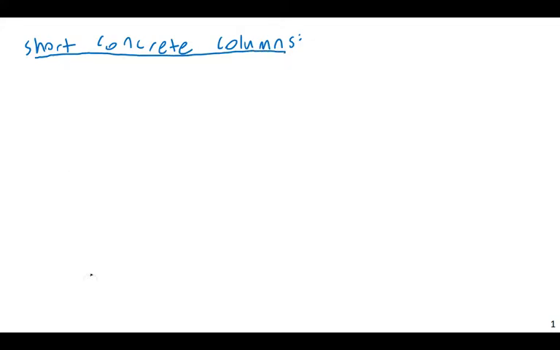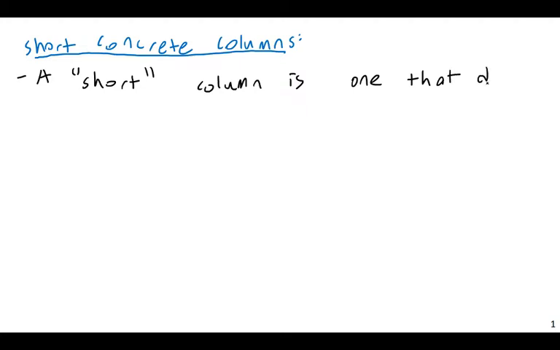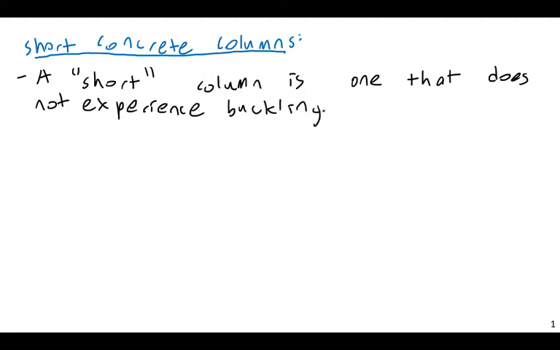Well, the basic idea is that a short column, in the concrete sense, is one that does not experience substantial moment. Actually, I should probably separate these out and say a short column is one that does not experience buckling. In other words, we're under our buckling capacity.